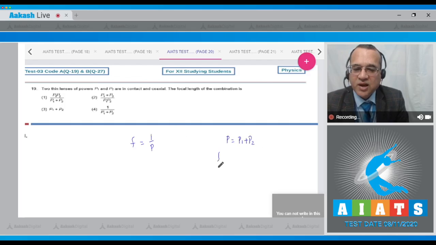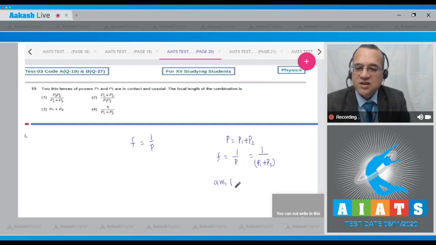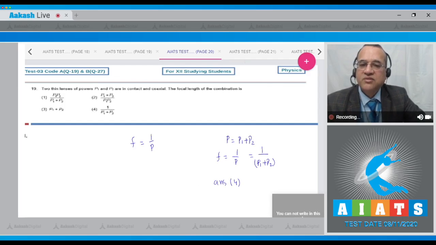Therefore, the combined focal length F will be equal to 1 upon P, which is equal to 1 upon P1 plus P2. And look at the options. The fourth option is the focal length is 1 upon P1 plus P2. So the answer to this question is option number 4.